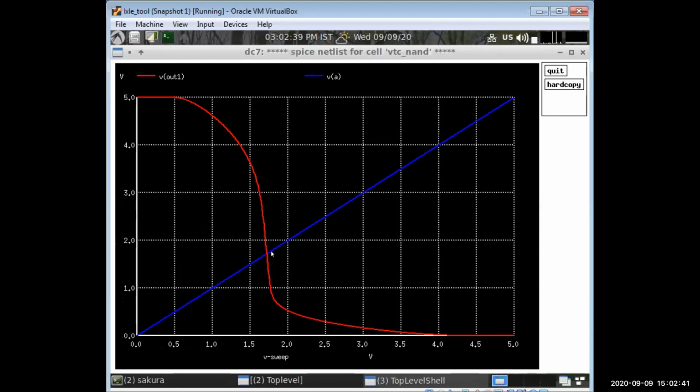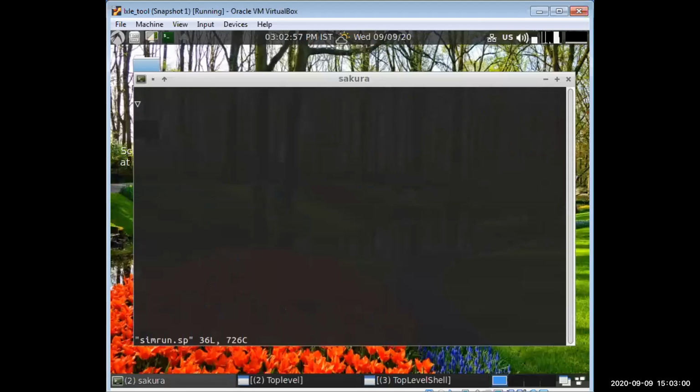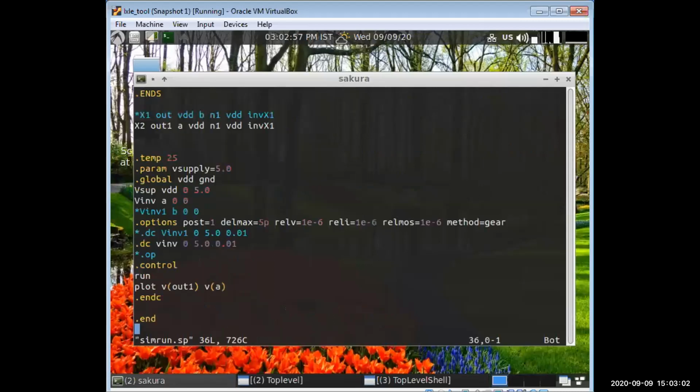Note this voltage, the trip point, and also take the difference of this. Now run the same for B. So we have to change the values.